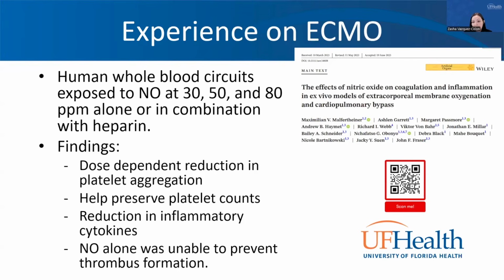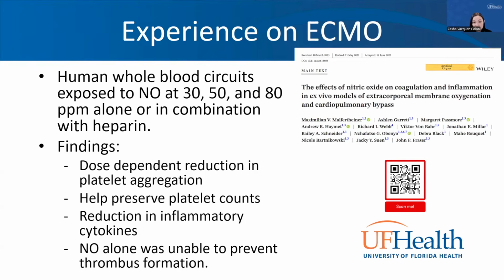What they found was that nitric oxide alone was unable to prevent thrombus formation in either model, necessitating combination therapy with heparin. And overall, adding the nitric oxide to the heparin did not significantly improve anticoagulation or hemocompatibility, but they did find that in ECMO circuits, higher nitric oxide doses produced a dose-dependent reduction in platelet aggregation, while low-dose nitric oxide helped preserve platelet counts in the circuits.